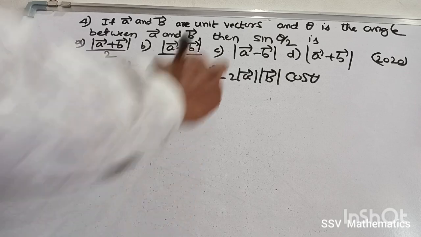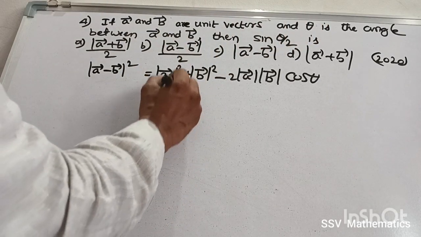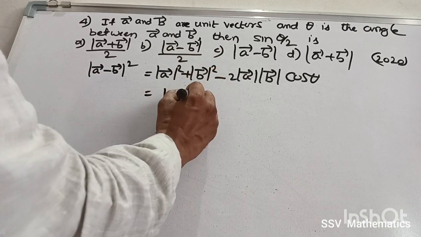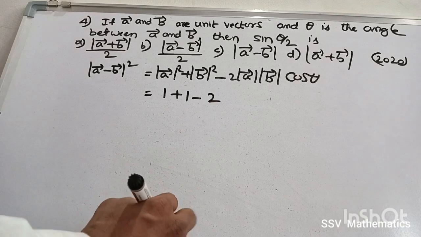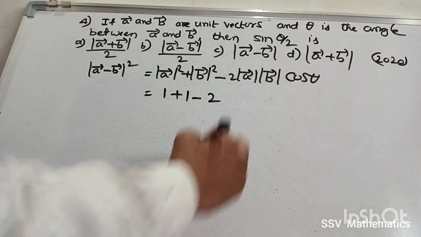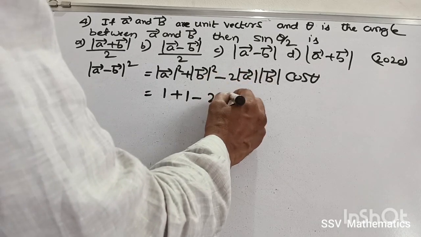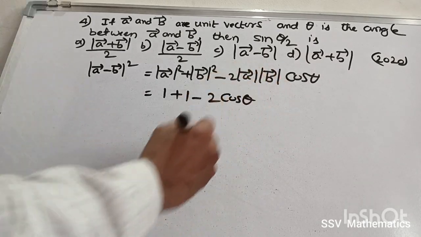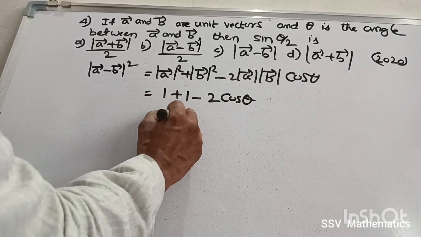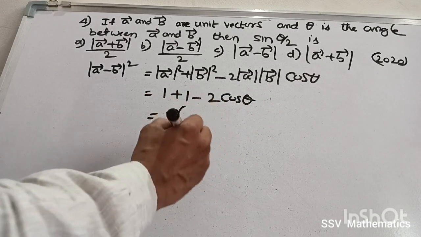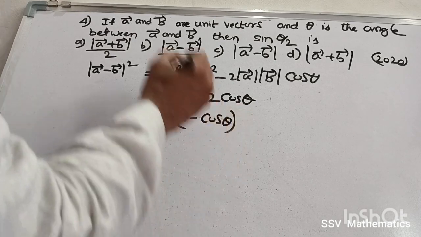Here given A and B are unit vectors, so magnitude of A is equal to 1, 1 square is 1, magnitude of B is also 1, minus 2 into 1 into 1 into cos theta, 2 cos theta. So this is 1 plus 1, 2, 2 minus 2 cos theta, so 2 is common, take 2 outside, we get 1 minus cos theta.